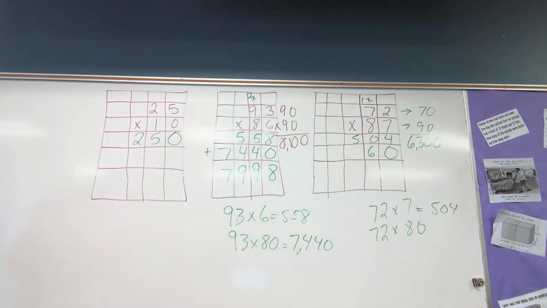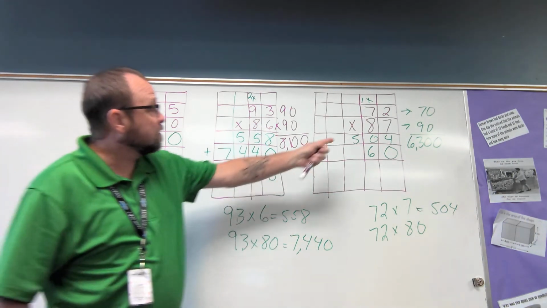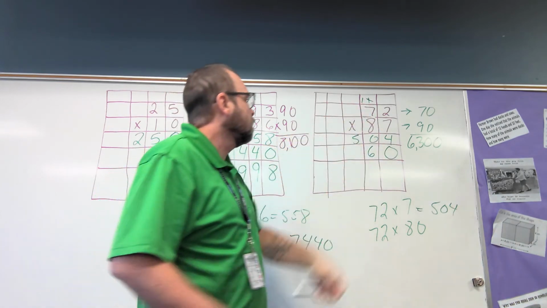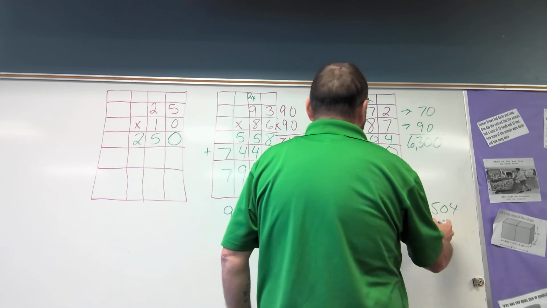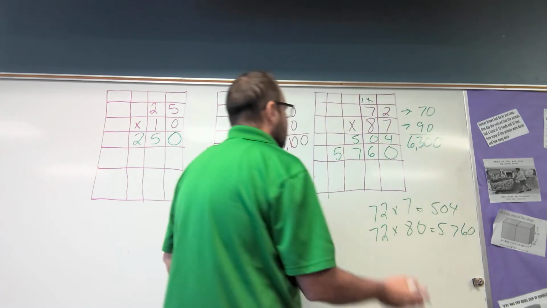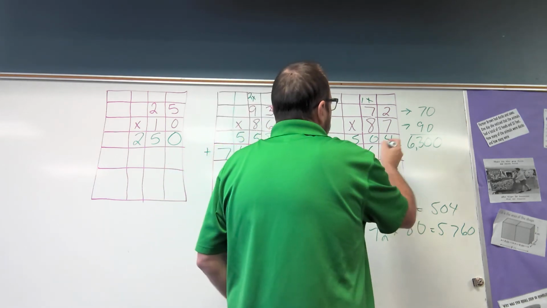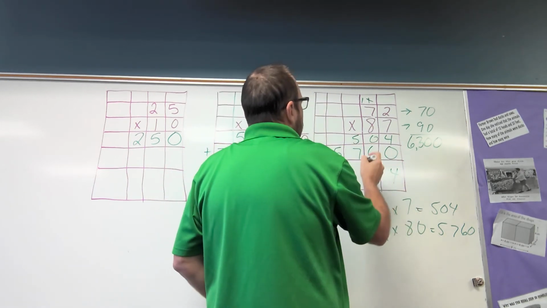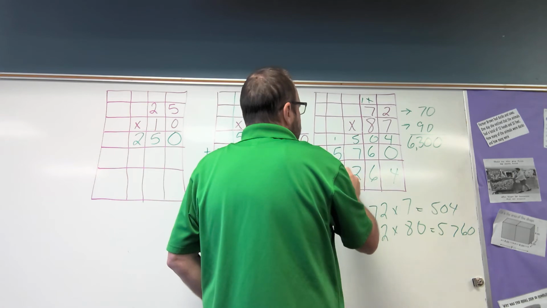8 times 7 is 56, plus the other that I regrouped, which would give me 57. So 72 times 80 is 5,760. Now I find the sum of these, and I get 4, I get 6, I get 12, and I get 6.